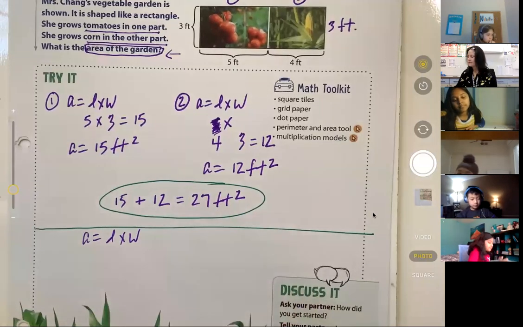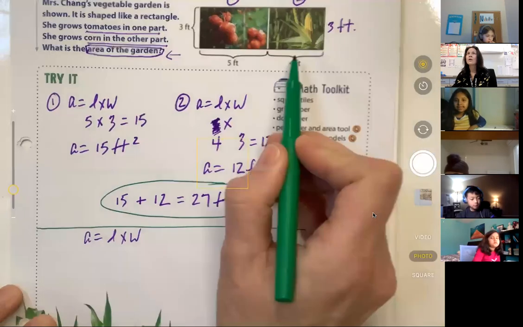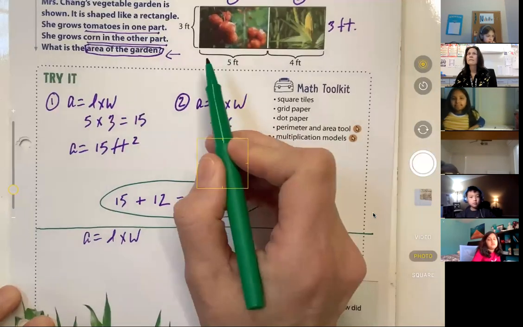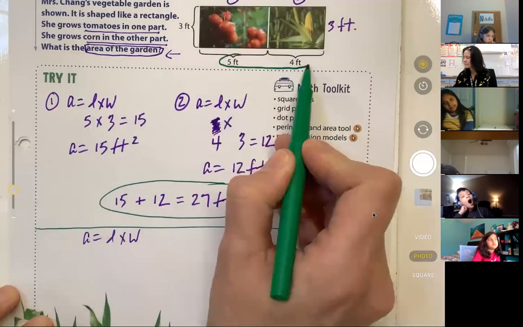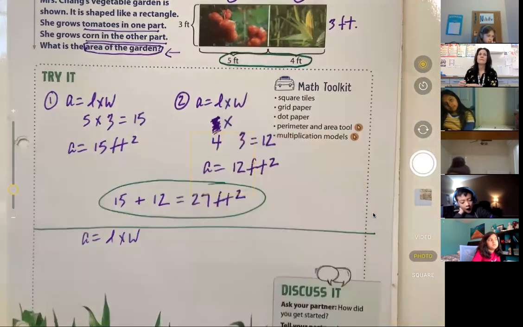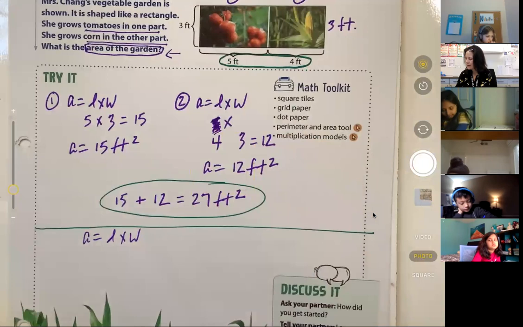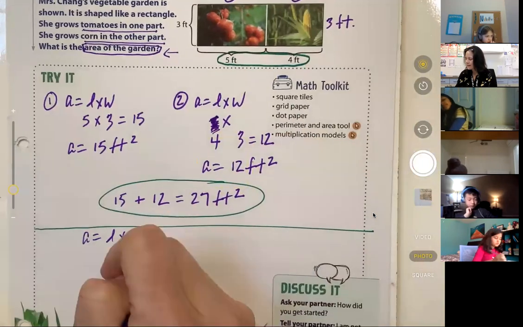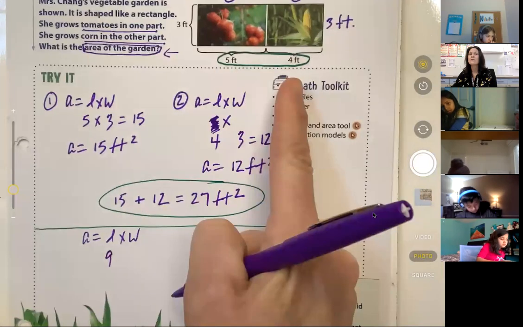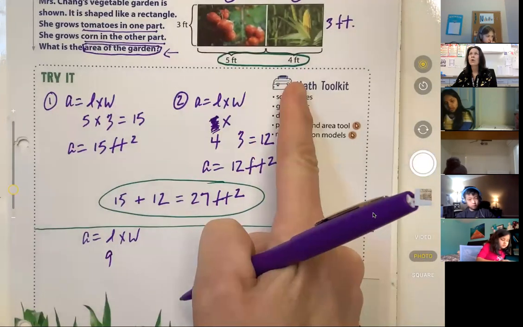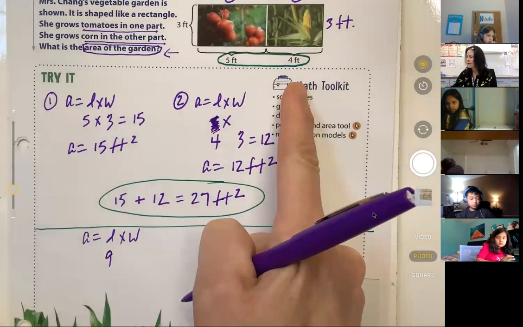I need those measurements. Now, friends, here's one way of looking at it, but look at the other way. Instead of that, you could take the total length and use that in your formula. And I could say that the area equals 9 feet. Why? 5 plus 4. The whole garden together, 9 and 4.